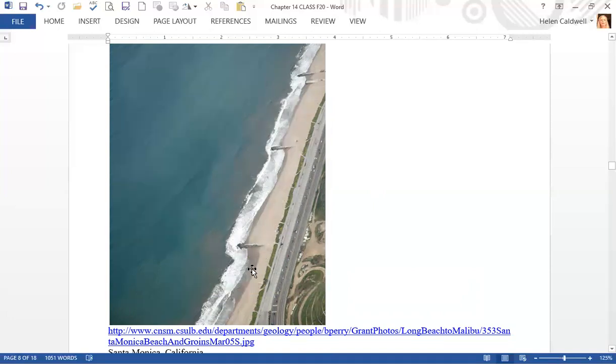So zone of accretion, zone of erosion. And you'll see that pattern on each of them. The side that's closest to the top of the photograph is where the sand piles up. The side that's closest to the bottom of the photograph is where sand is taken away.